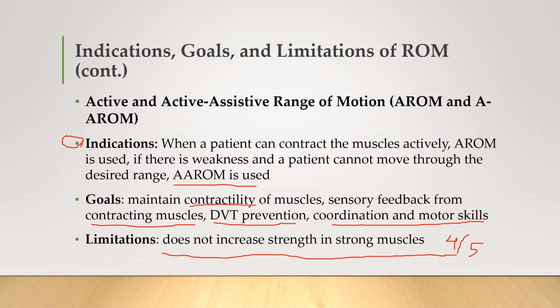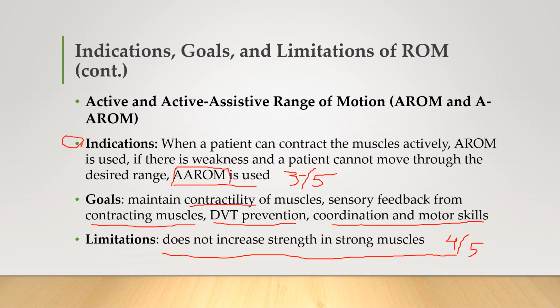But if we're using active assisted range of motion, right? And let's take our example from earlier. Your patient is moving into 90 degrees of shoulder flexion, but they're limited because they're weak. Then we have some carryover for these kind of weakened muscles. So at the example that I gave earlier, this muscle grade would probably be a 3 minus out of 5.